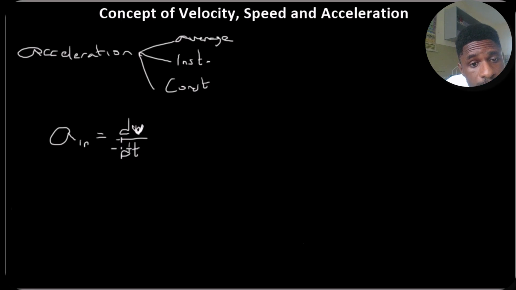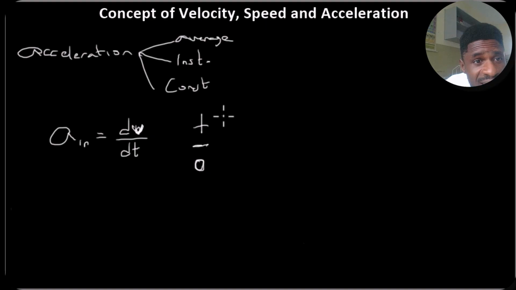Now, how do we define instantaneous acceleration? We will simply say it is the instantaneous rate of change of velocity with respect to time. Just like velocity, acceleration can be positive, negative, or zero. When is acceleration positive?